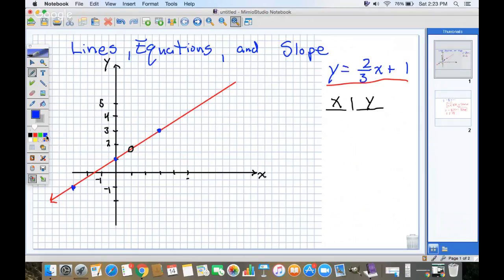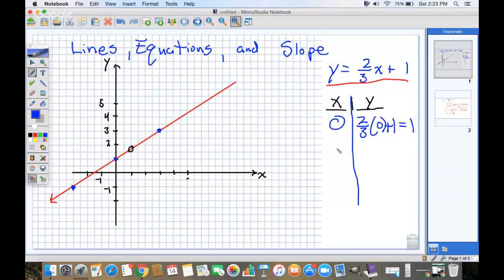One way is just to pick some numbers to plug in and see what happens. So 0 is usually a pretty nice number to plug in for x. So if I plug in 0 here, I have to figure out what is 2/3 of 0 plus 1. Well, 2/3 of 0 is 0, plus 1 is 1. So on the graph, I should have the point x equals 0, y equals 1. Check, got it.